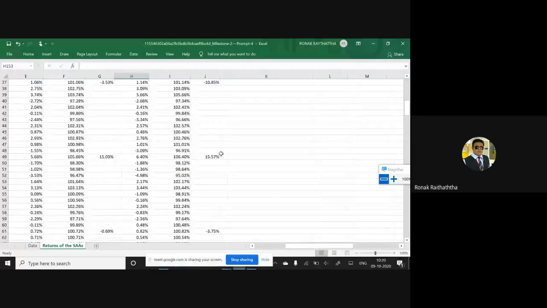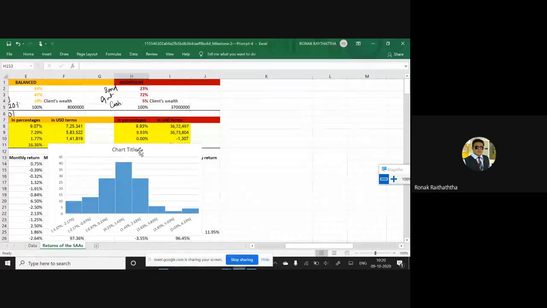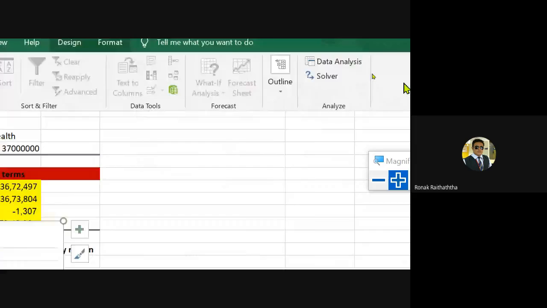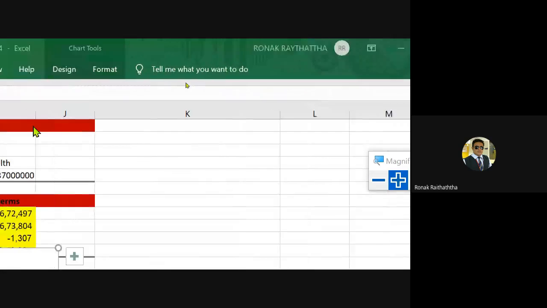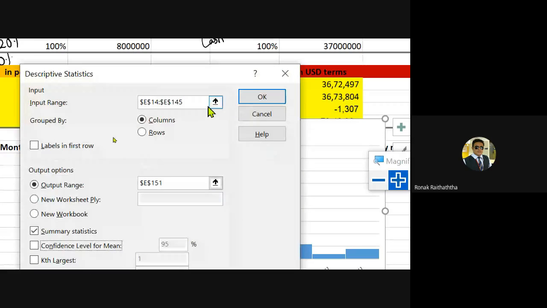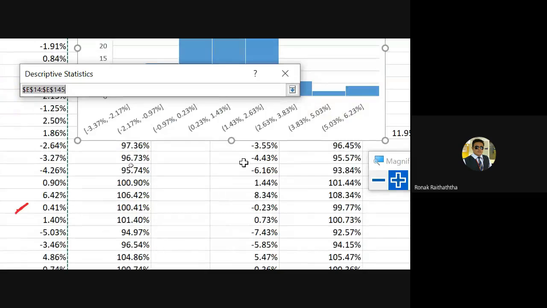Okay. So first you are supposed to go to the data tab, and in the data tab, your second step was to go to the data analysis, then go to the descriptive statistics, press OK. Then click on the range for which you want the descriptive statistics.